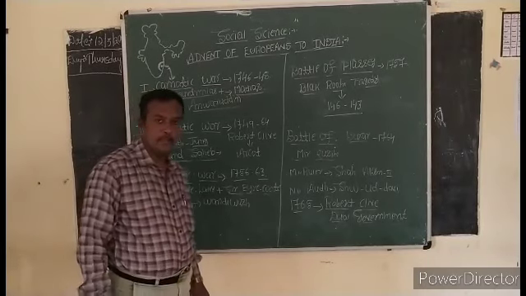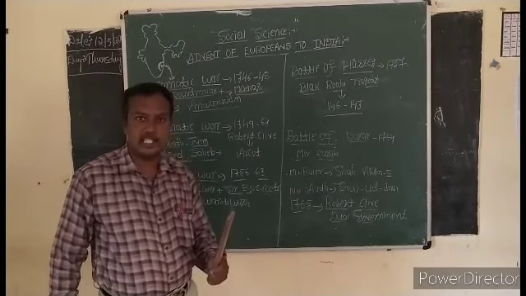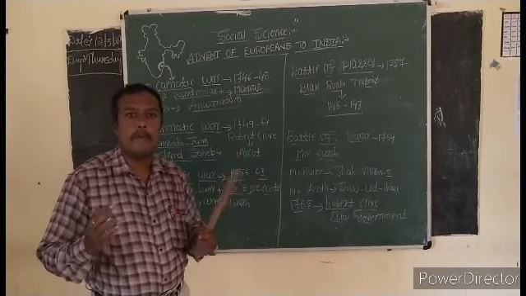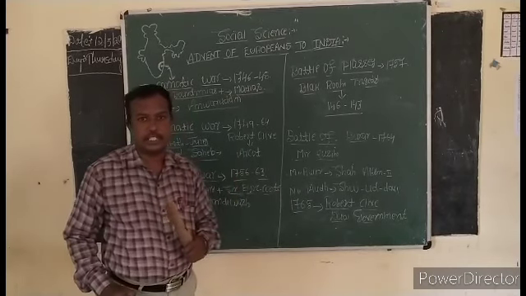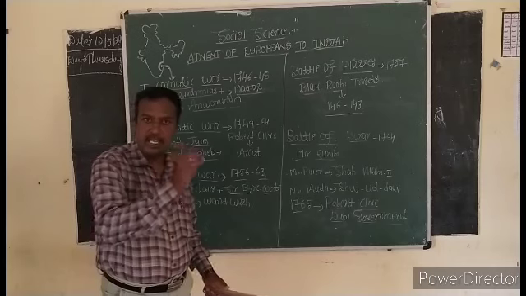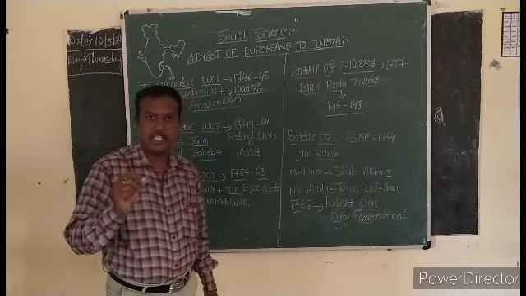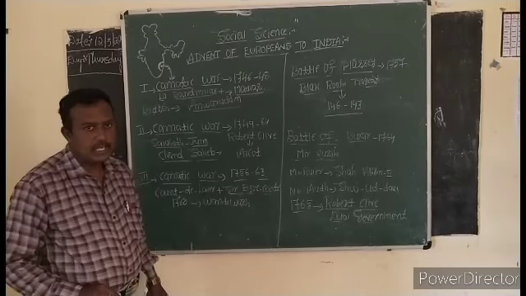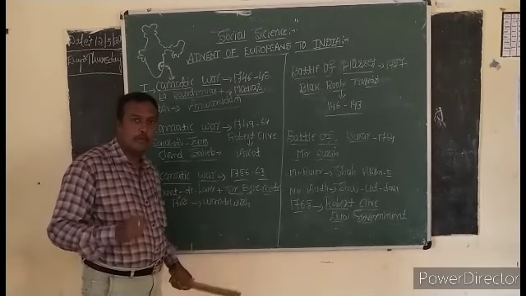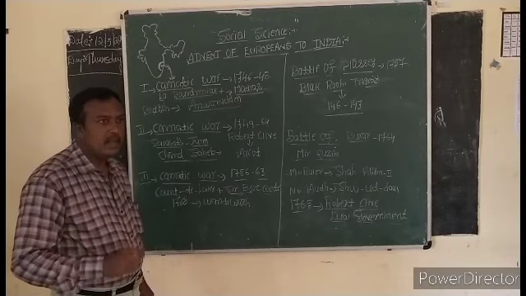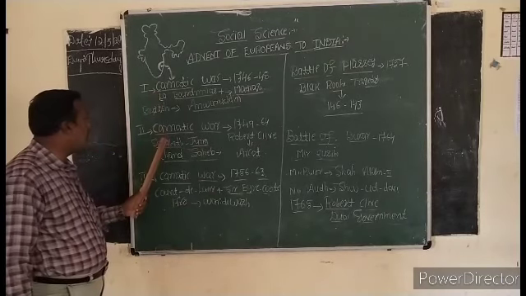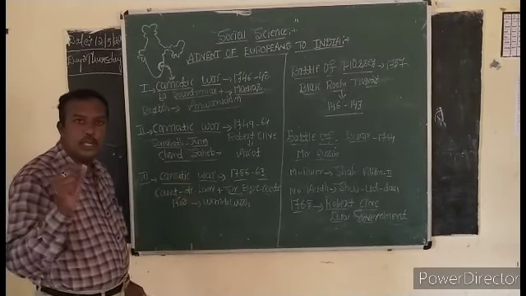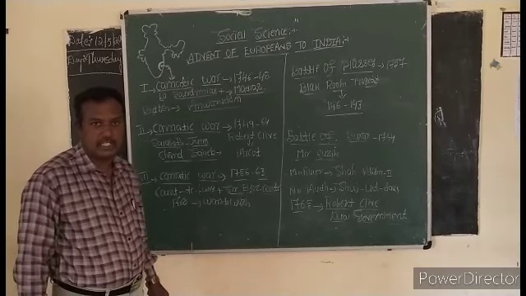But finally the Portuguese and Dutch were unable to compete with the French and British. So finally the British and French remained as political powers in India. So to establish political power in India, there were three Carnatic wars waged between the British and French.